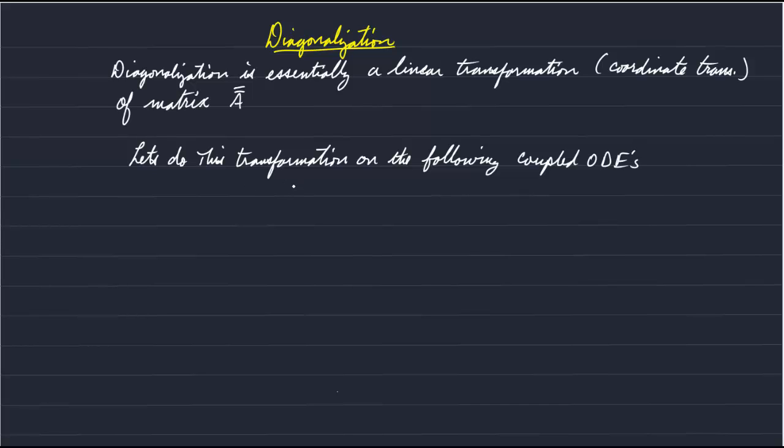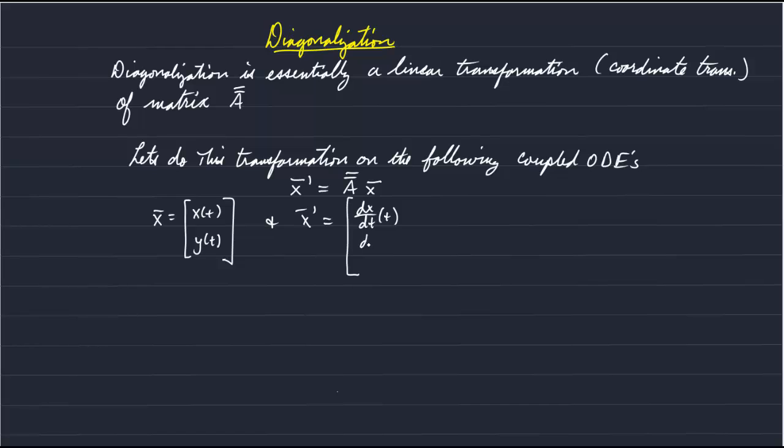So here we have, in matrix form, vector x prime is equal to the coefficient matrix A times x, where x is equal to x of t and y of t, and x prime is equal to the derivative of x with respect to t and the derivative of y with respect to t, where of course t is the independent variable and our dependent variables are the elements of vector x, being x and y.